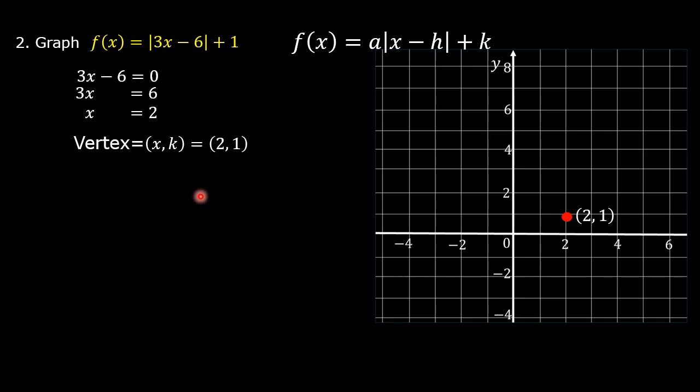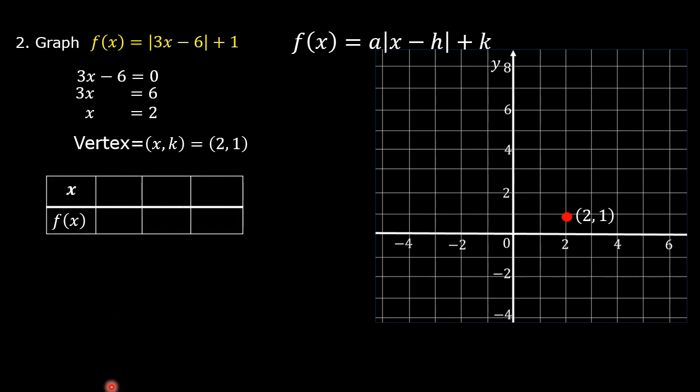Let us first construct a table of values. When x is 2, f of x is 1. Let us put this in the table. So when x is equal to 2, f of x is equal to 1.